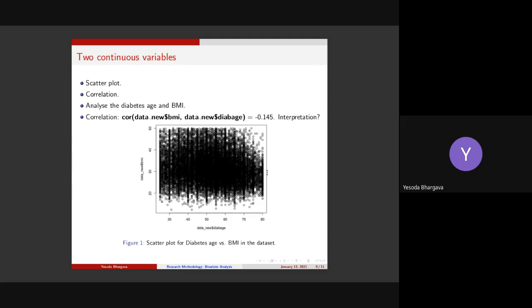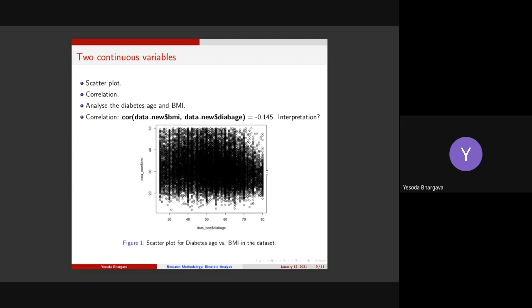Now for two continuous variables, you already know there is a scatter plot, and generally when the data set is small, you can see the pattern, but this is a data set which is orders of the lakhs and thousands. So you won't necessarily see a clean pattern in this.